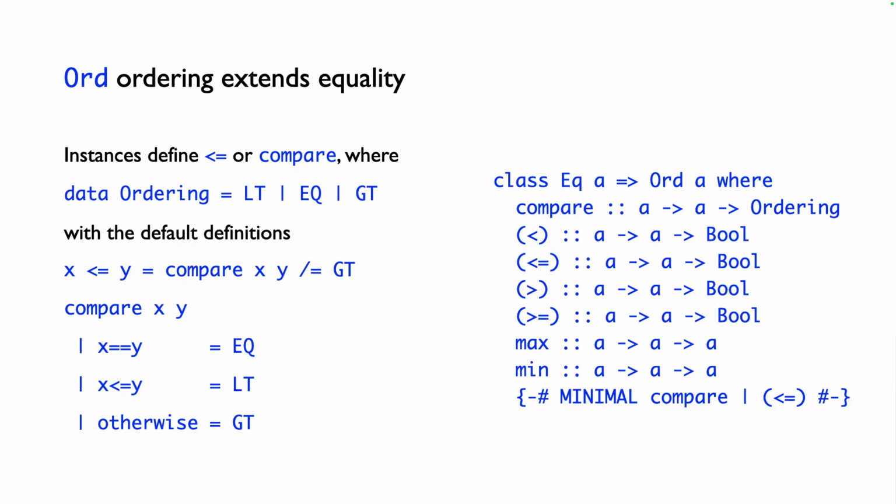And obviously it's easy to say when something is less than or equal using compare: when you apply compare, the answer is not greater than, i.e. not GT. So there we have the ordering. And again, if you look at :info Ord in GHCi, you will see that there's a whole lot of instances of ordering.